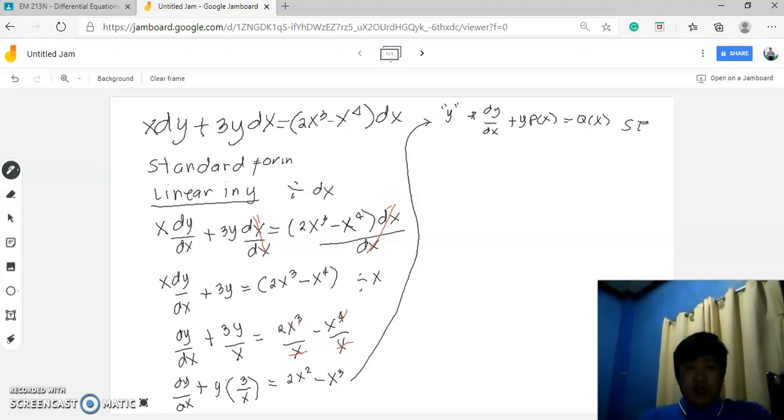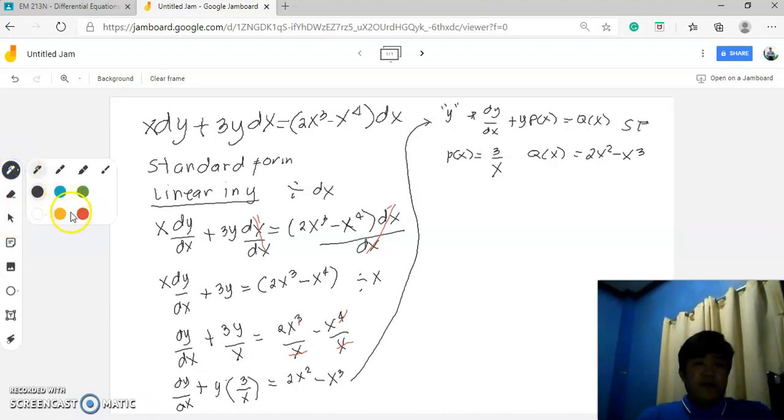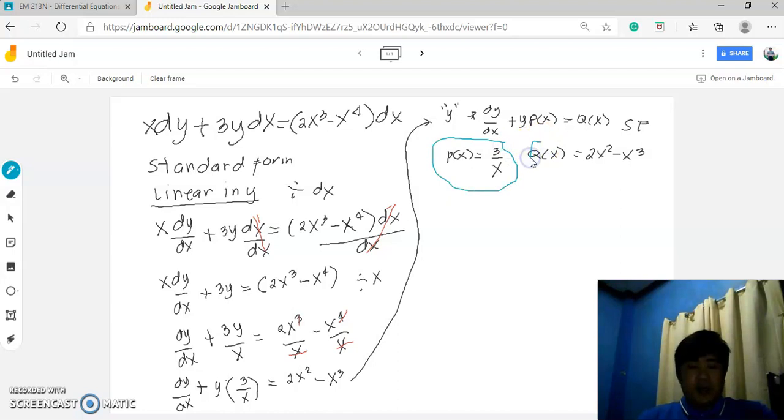So now we already have the value of p of x, which is 3 over x, and our q of x is equivalent to 2x squared minus x cubed.